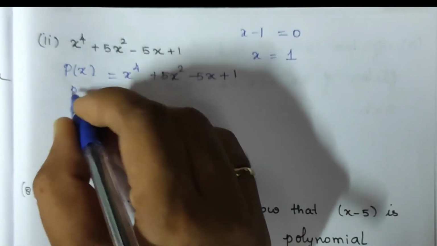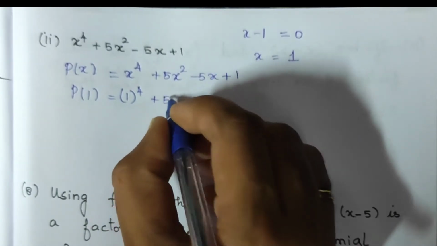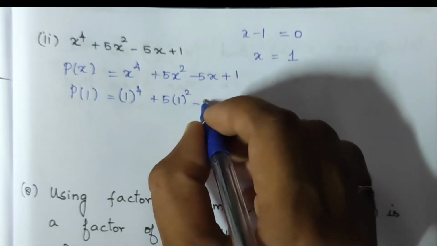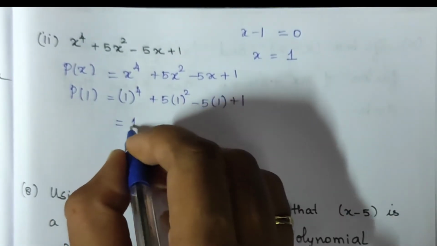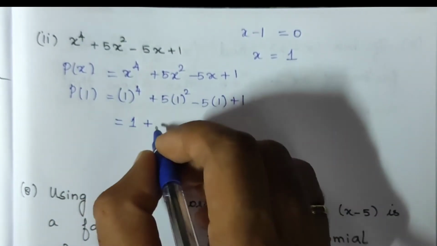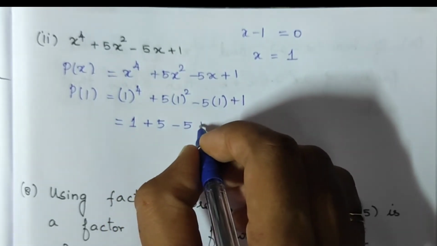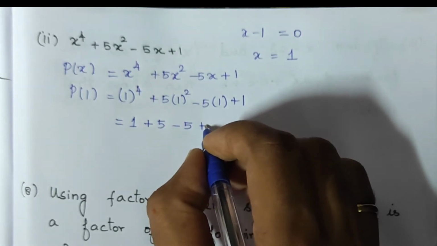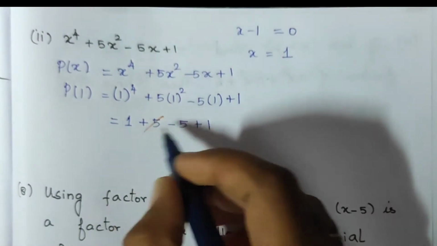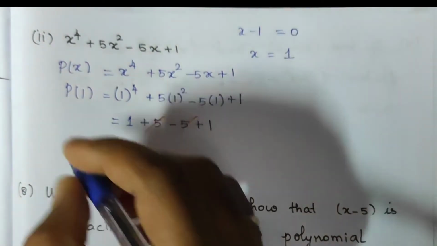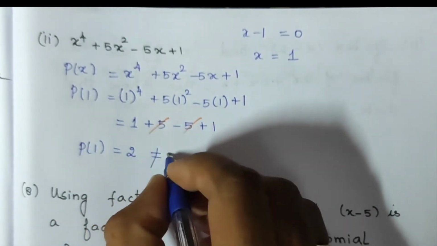So p of 1 is equal to 1 power 4 plus 5 into 1 square minus 5 into 1 plus 1. 1 power 4 is 1, 1 square is 1, 1 into 5 is 5, minus 5, plus 1. So plus 5 and minus 5 get cancelled. I'm getting p of 1 is equal to 2, which is not equal to 0.